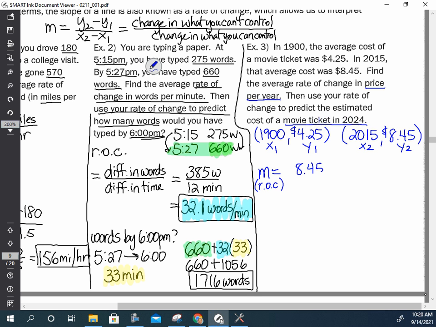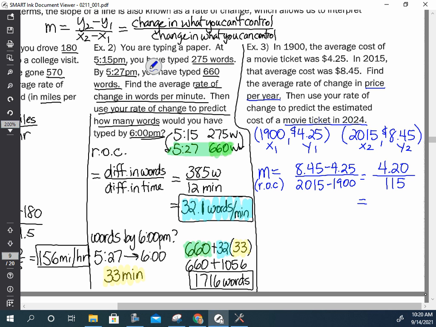So 8.45 minus 4.25 divided by 2015 minus 1900. 8.45 minus 4.25 is $4.20. 2015 minus 1900 is 115 years.